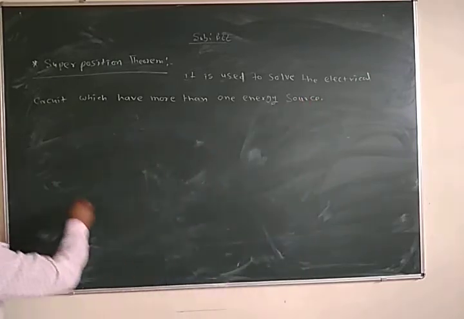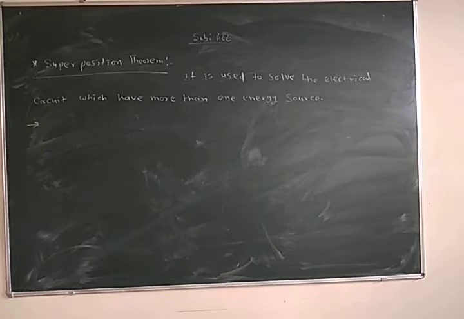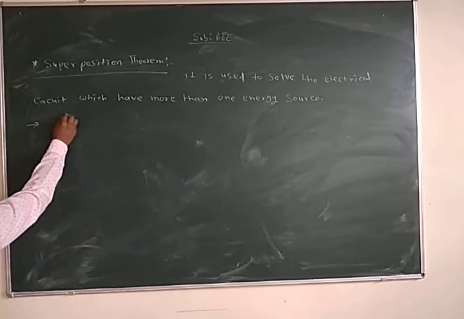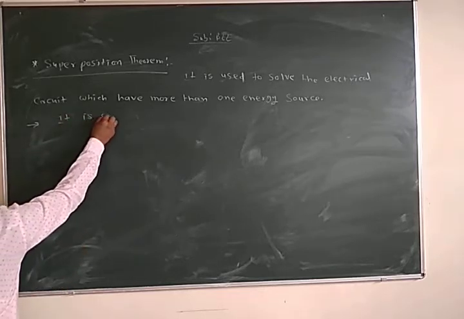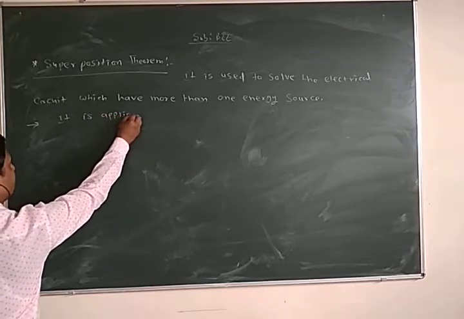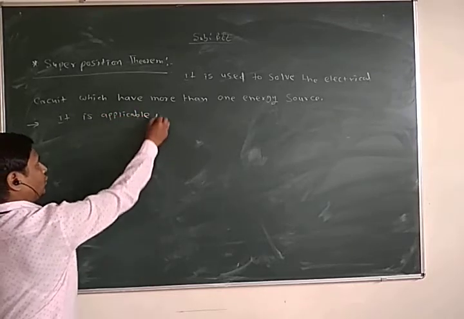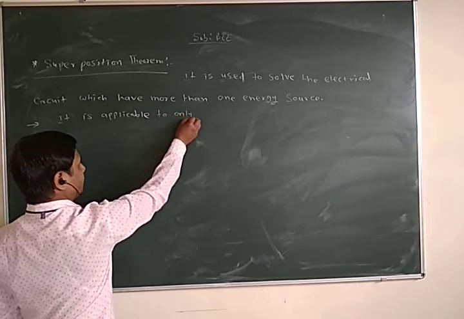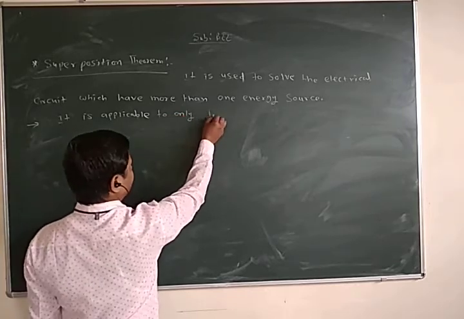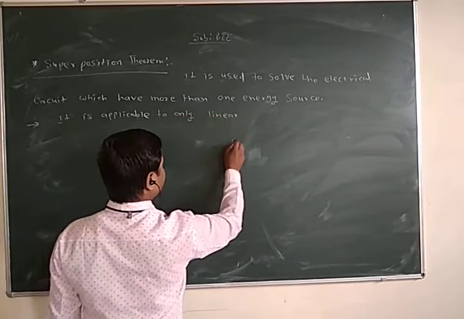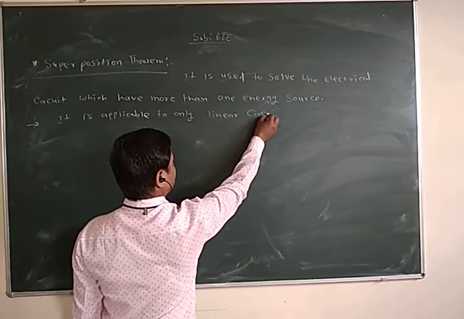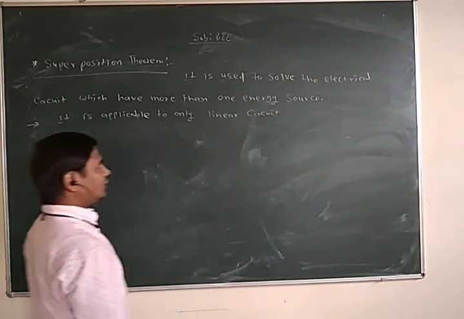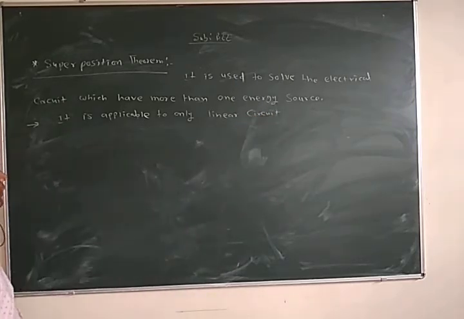Second criteria is that elements in the circuit should be linear. So it is applicable to only linear circuits. So there are two criteria of this theorem.